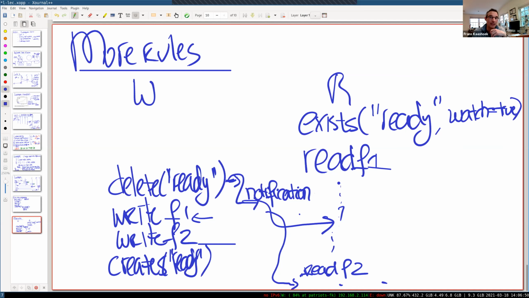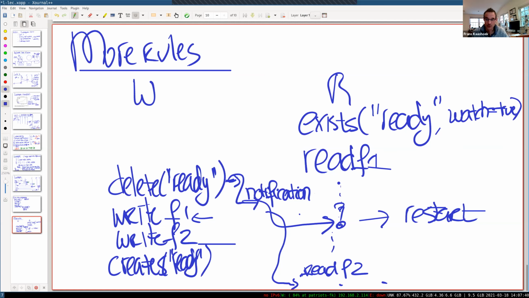Okay, so what happens if the notification is delivered here? So the client is running, correct? Does it exist, then read F1, and now this notification comes in. Then you have to restart, probably. Yeah, you have to restart. So what we see here basically is that the rules make programming definitely a little bit more difficult, but not impossible.